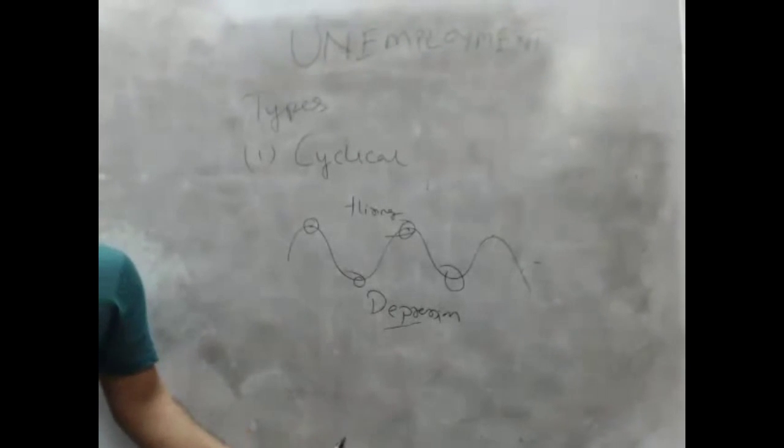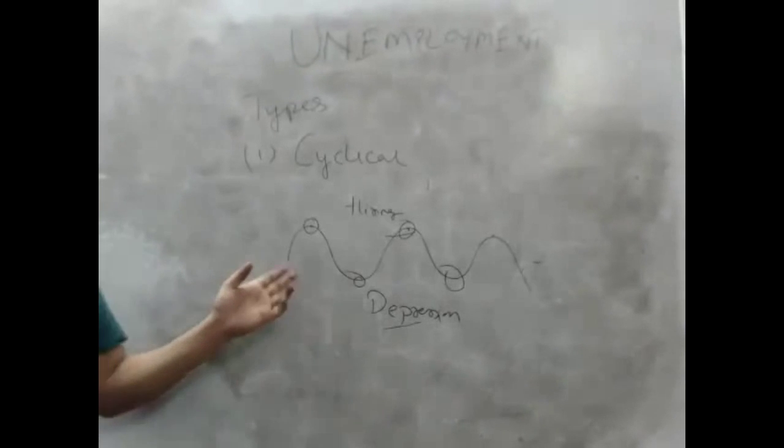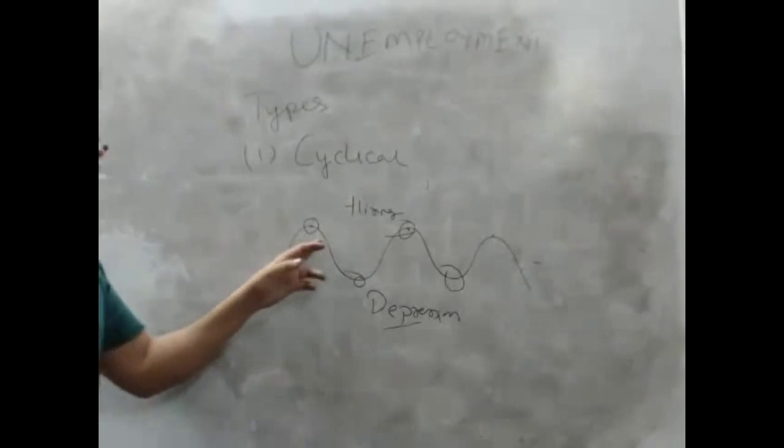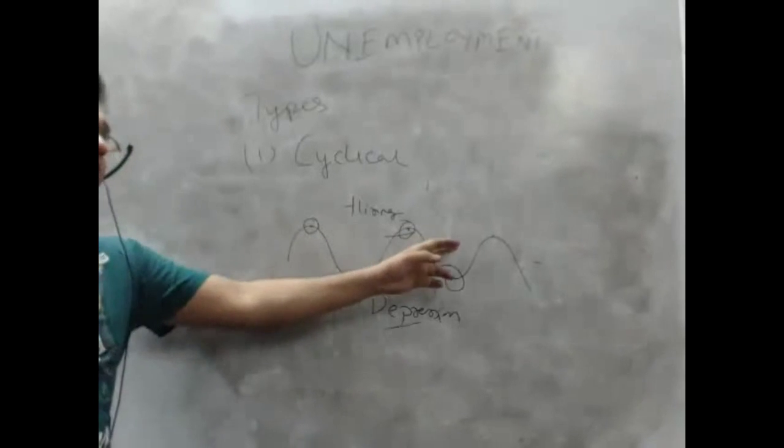Should this be a problem for the policymakers? No, this should not be. Why? Because the business cycle is evident. We have seen from our last class that the business cycle will occur. You cannot avoid it, or take steps so that the business cycle does not occur.